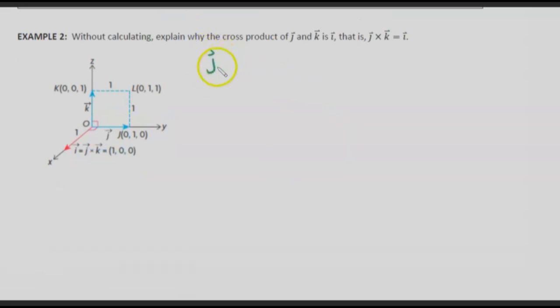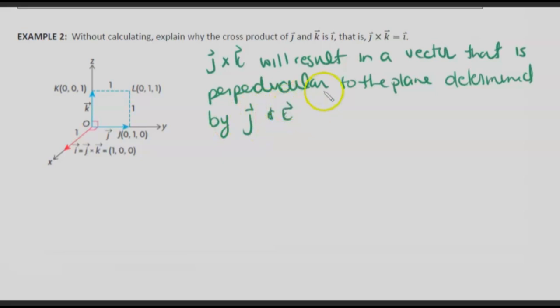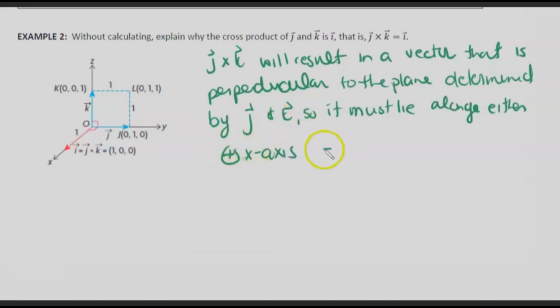If we think about it, J cross K is going to result in a vector that is perpendicular to the plane determined by vector J and vector K. So it must lie along either the positive x-axis or the negative x-axis.